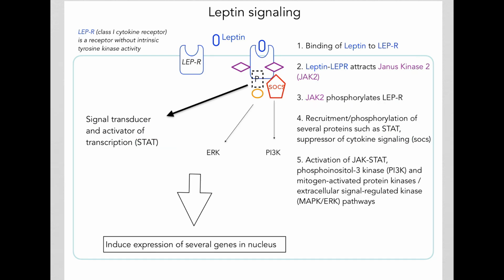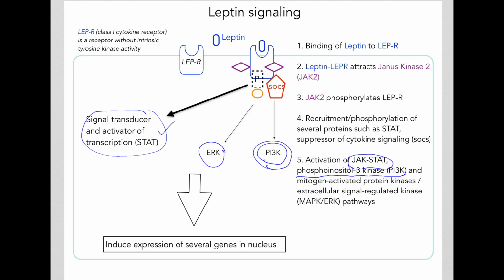The recruitment of all of these proteins to the receptor will trigger several pathways. For example, the JAK-STAT signal transduction pathway is triggered. The PI3K, or phosphoinositide 3 kinase, pathway would be triggered.